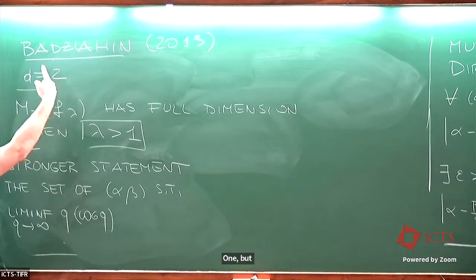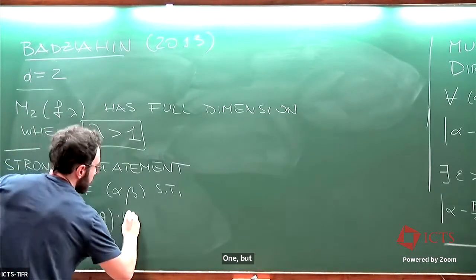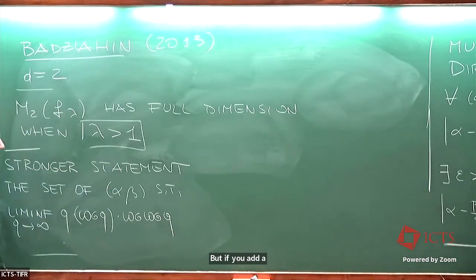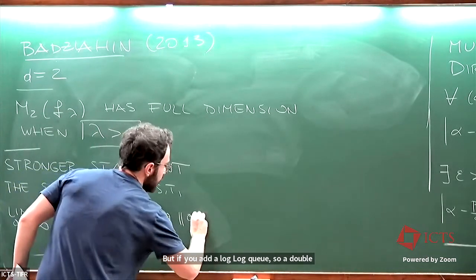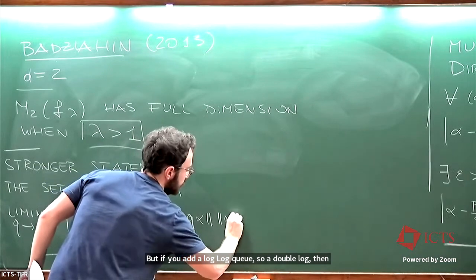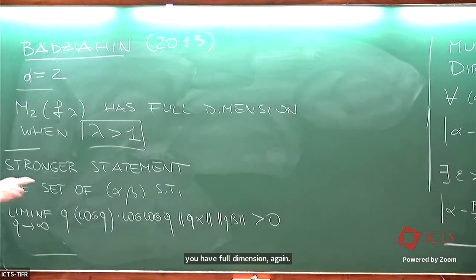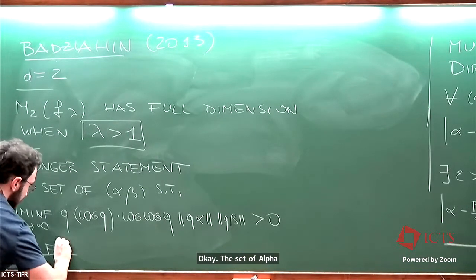It doesn't lie in this range. But if you add a log q, so a double log, then you have full dimension again. The set of alpha beta such that this holds has full Hausdorff dimension.